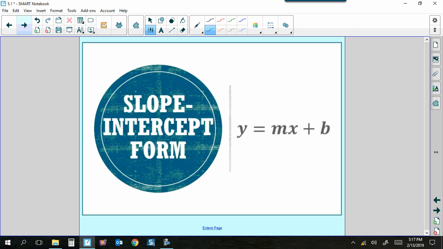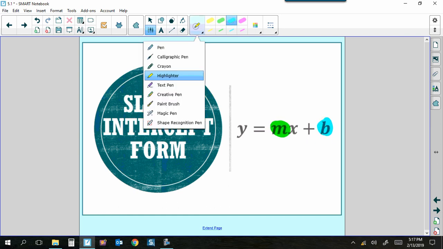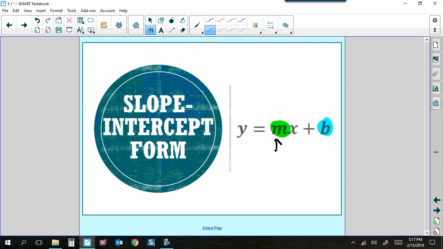Next, we have our slope-intercept form. The reason we call it slope-intercept form is we're always talking about the slope first and then the intercept where it crosses the y-axis. So our slope-intercept form: y equals mx plus b, where m is our slope and b is our y-intercept.